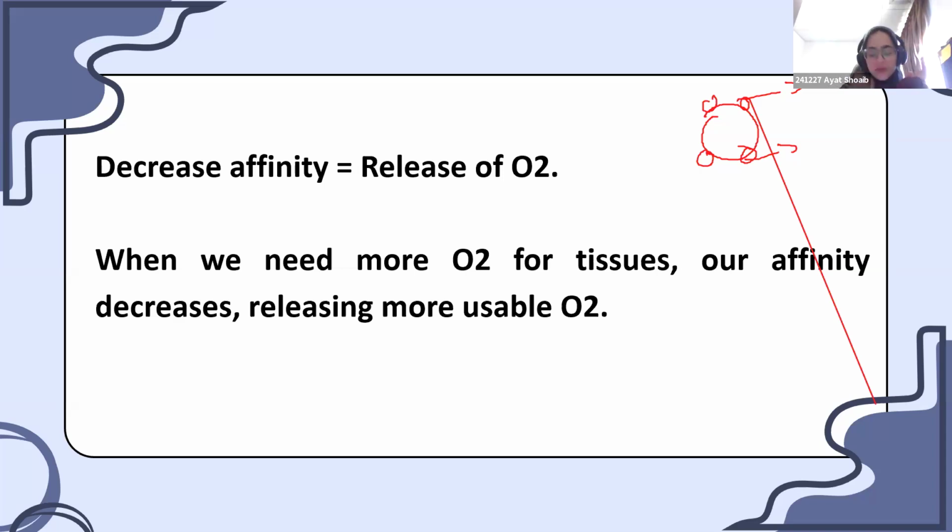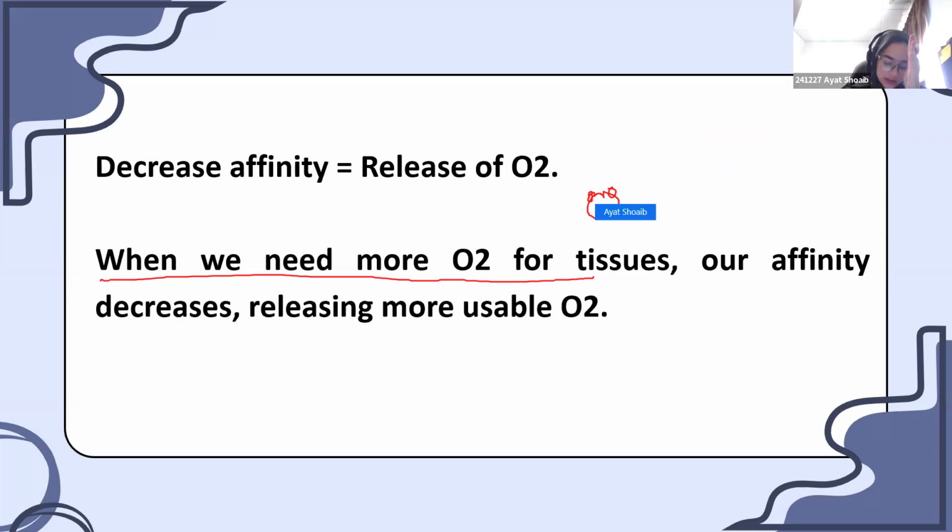So when we need more O2 for tissues, our affinity decreases, and this results in releasing more usable O2. Because remember what I said, only free molecules can cross barriers. Bound oxygen cannot cross the barrier. Even if you have 10,000 hemoglobin-bound oxygen, you cannot do anything.